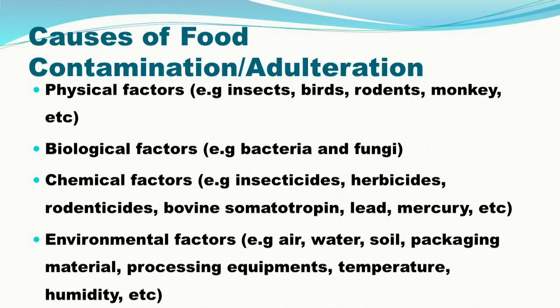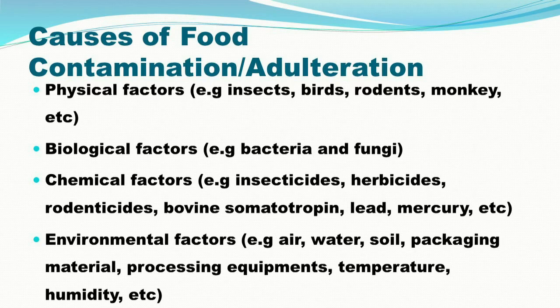Causes of food contamination and adulteration. Physical factors. Physical factors are those things that come in contact with the food when they are in the field, during storage, or during food processing.